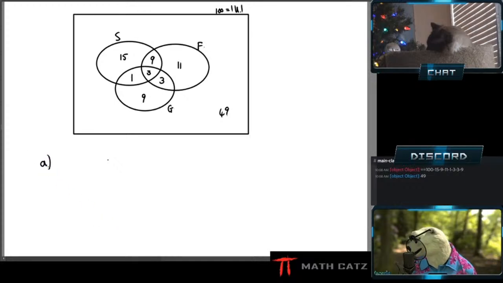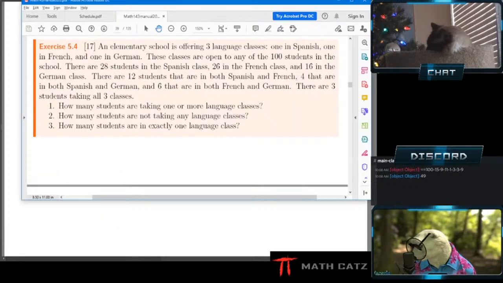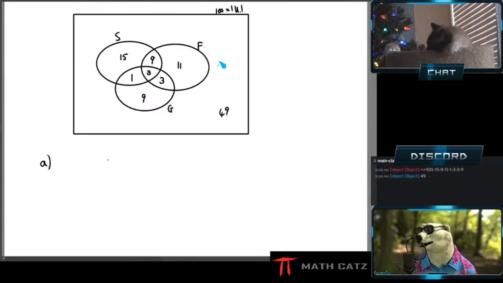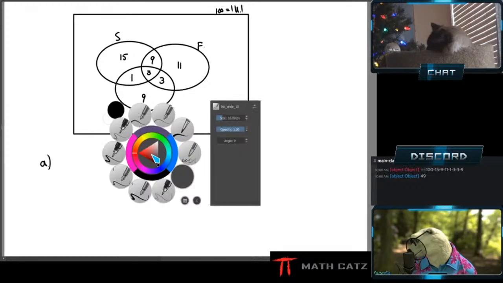Now they ask some stuff. How many students are taking 1 or more language classes? So now I don't want to really have too much color on here. Maybe we will maybe just put circles around the numbers. Maybe pink.